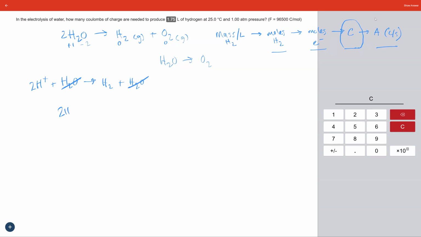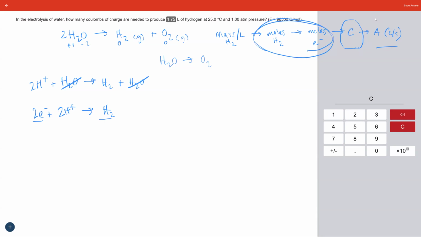So we got 2 H pluses going to H2, but we need to balance the charge as well. Since the H pluses are on this side, we need 2 electrons. So we see here, there are 2 moles of electrons for every 1 mole of hydrogen gas. So that's going to be important in this process over here, right?